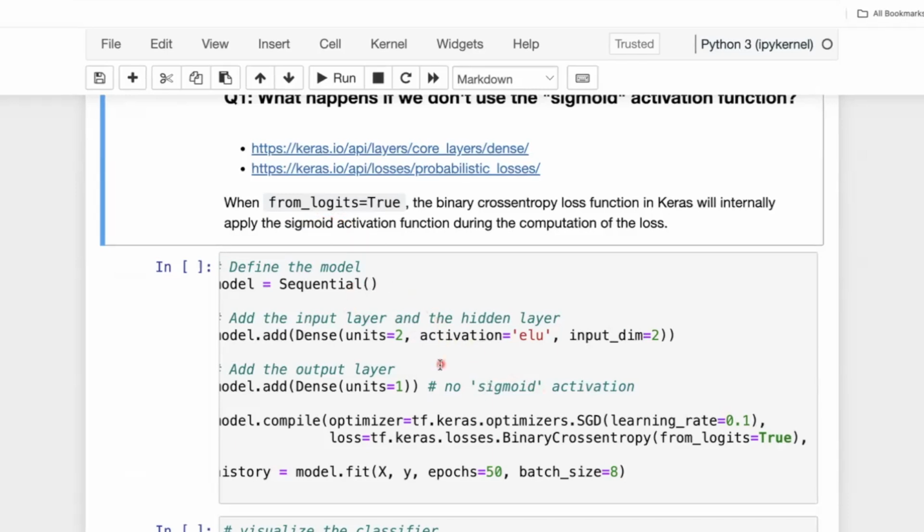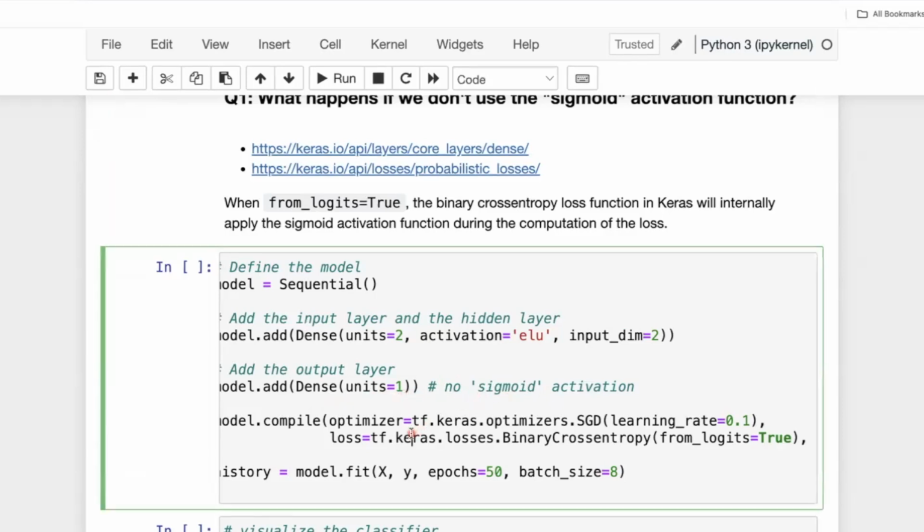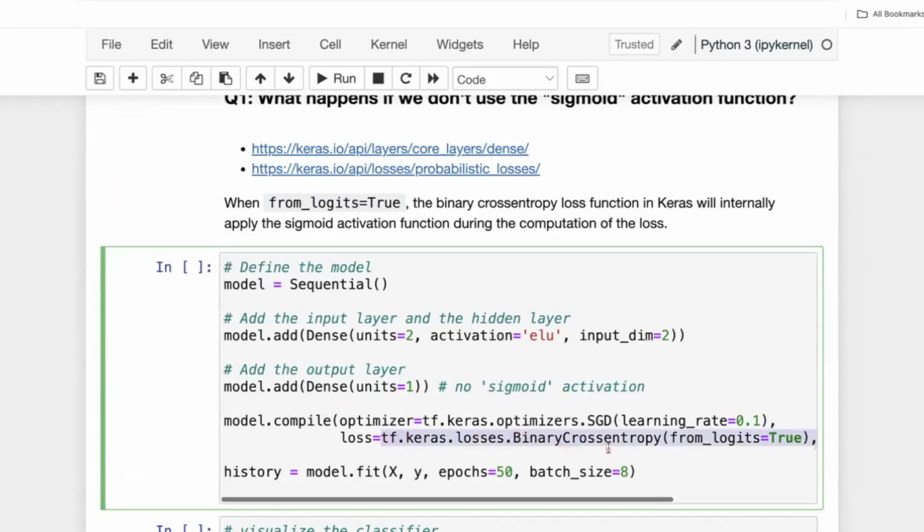So this is a new version of what we had before. But for the last layer, when we have units equal to 1, we are no longer using sigmoid, but instead, when we define the loss function, we have to make sure that we set from_logits equal to true, right? So this is telling us that we are going to work with logits, and please apply the sigmoid or logistic activation function yourself, and we are not going to add that directly here.